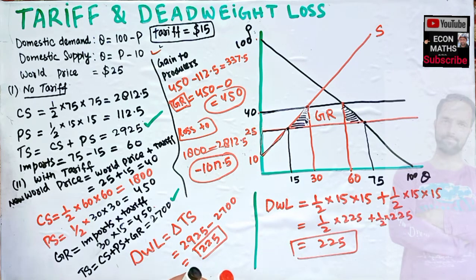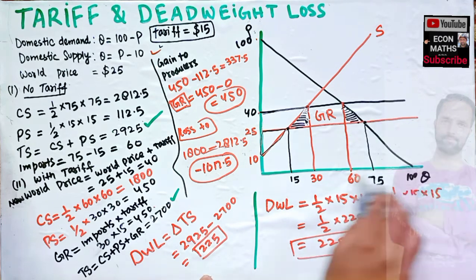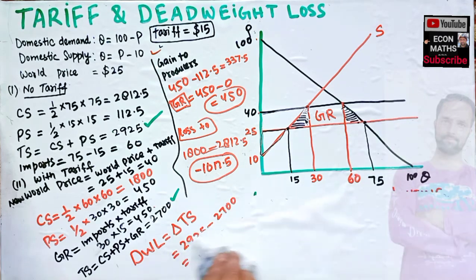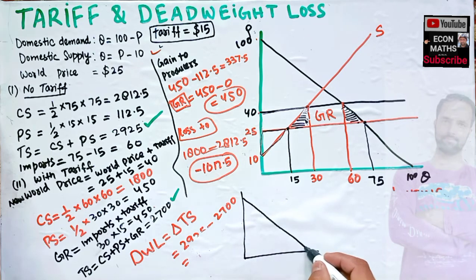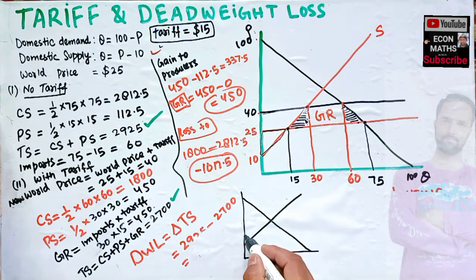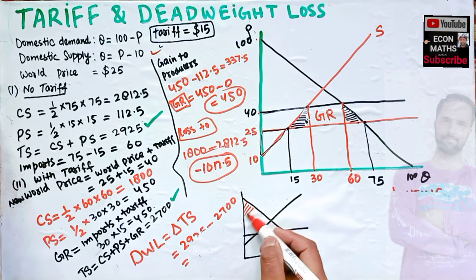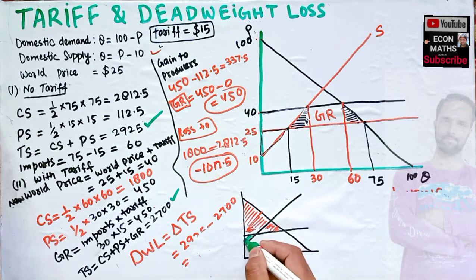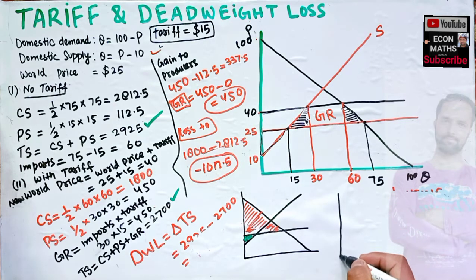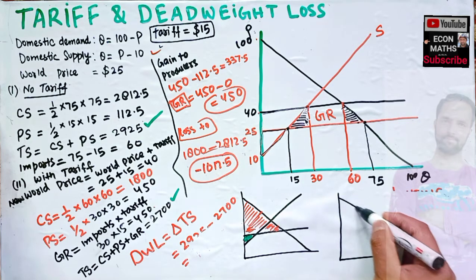If I can draw this here also. Initially, what was the situation? Initially this was our demand curve, this was the supply curve, this was the world price. This area denoted our consumer surplus, and this was producer surplus. Only two surpluses were here. Now when tariff was imposed, let us draw it again.